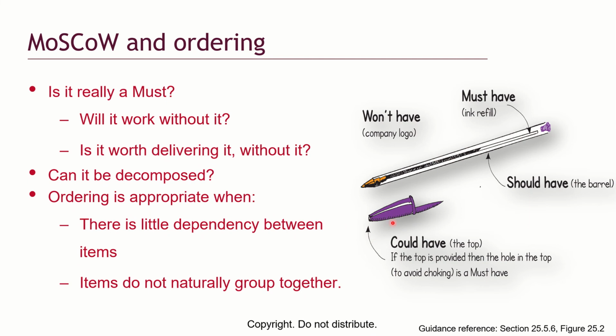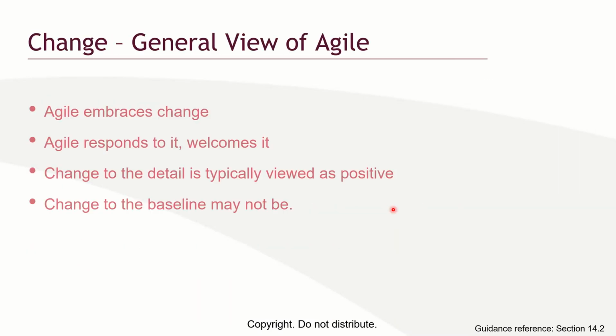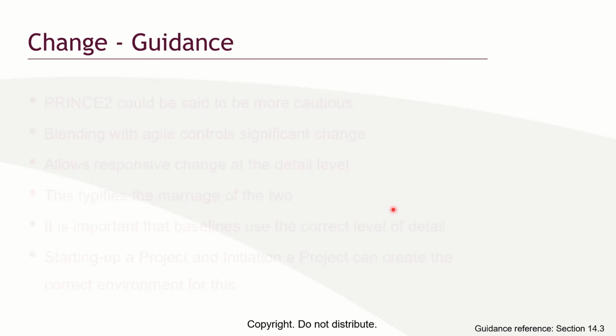Maybe this cap is supposed to be another design that they are selecting. Those are changes you can take. Okay? So changes to detail is typically viewed as positive. Changes to baseline is what may not be considered as very positive or as something that will add value.